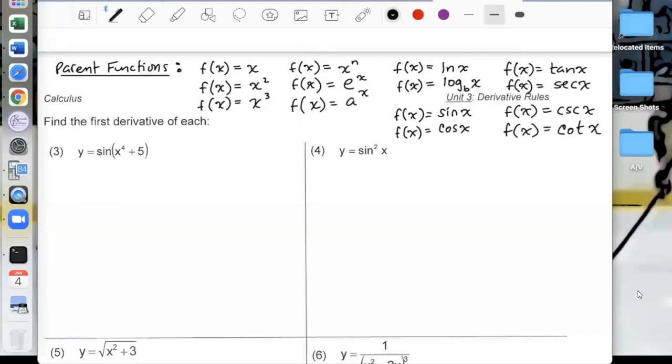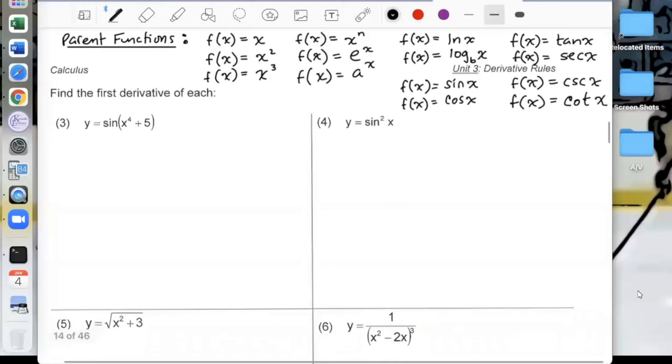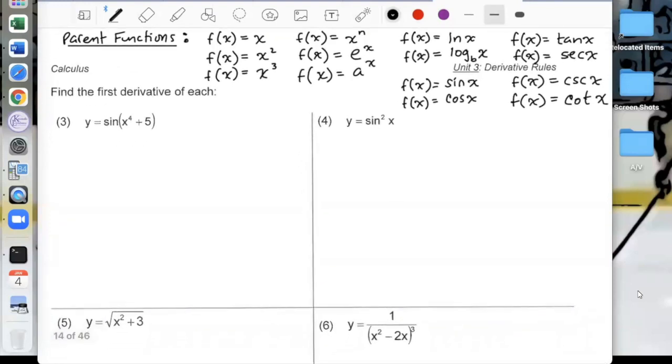These are all things you should look at and say, oh, I'm familiar with these functions. Didn't know they were called parent functions, but I'm familiar with them. It's just basically every function that we've ever learned, just minus all the trimmings. So not sine of like 5x squared minus 42, just sine of x.